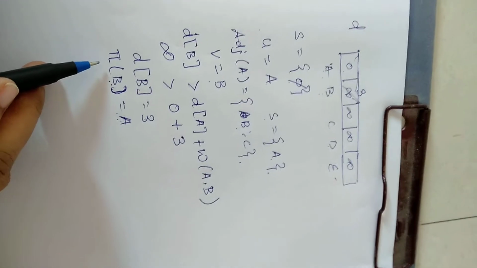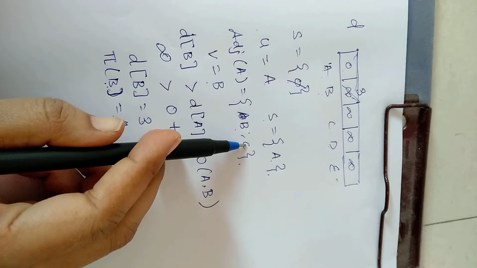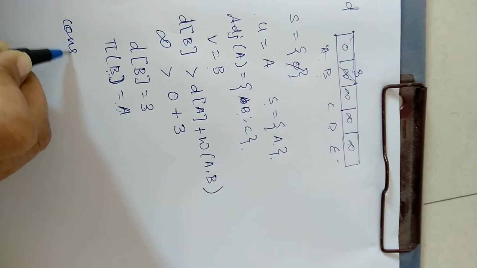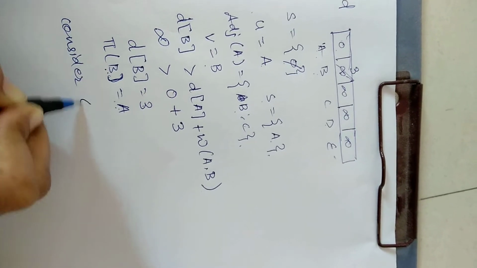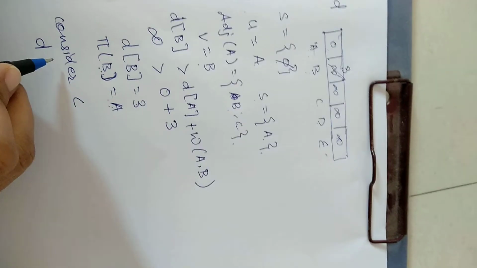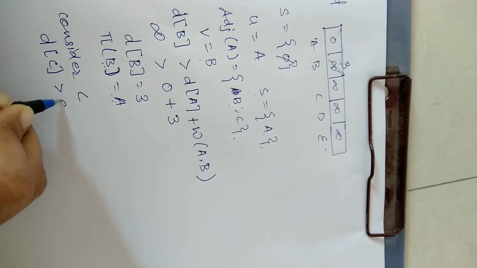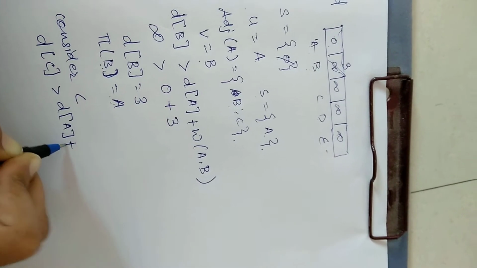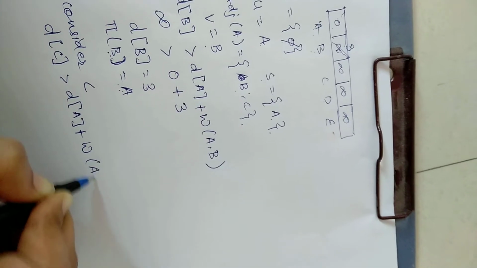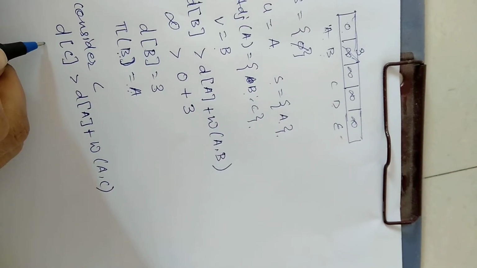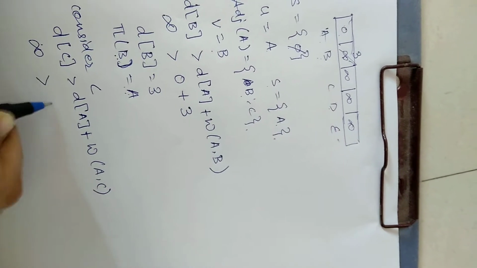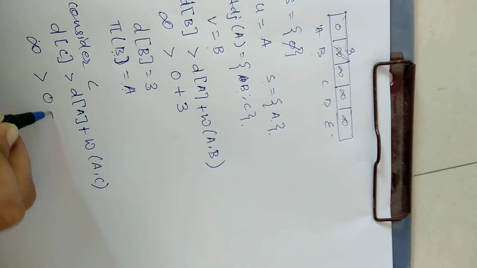Then again we'll go back and consider the next adjacent of A, that is C. So consider C. And again we'll apply that relax function, that is, if the distance of C is greater than the distance of A plus the weight of AC. The distance of C is infinity, the distance of A is 0, plus the weight of AC, which from this graph is 1.